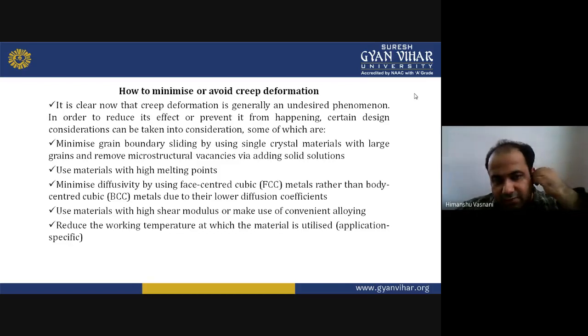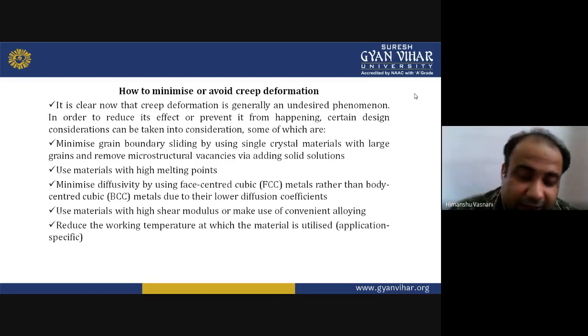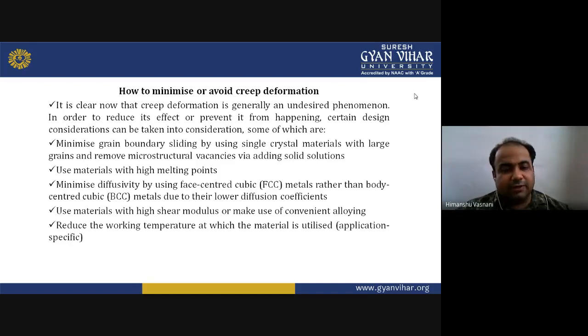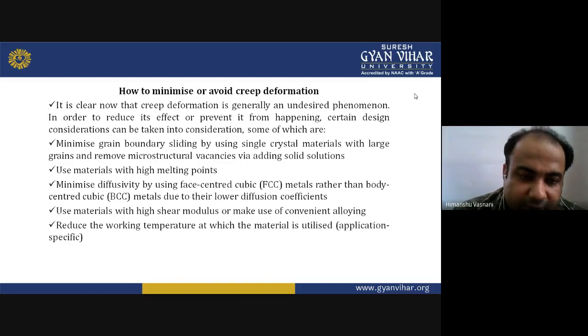Some of them are: minimize grain boundary sliding by using single crystal materials with large grains, and remove microstructural vacancies by adding solid solutions. Use materials with high melting points. Then minimize diffusivity by using face-centered cubic FCC metals rather than BCC, body-centered cubic metals, due to their lower diffusion coefficient.